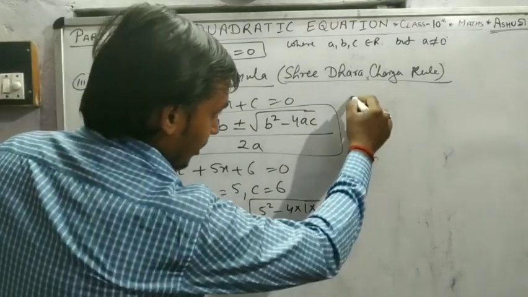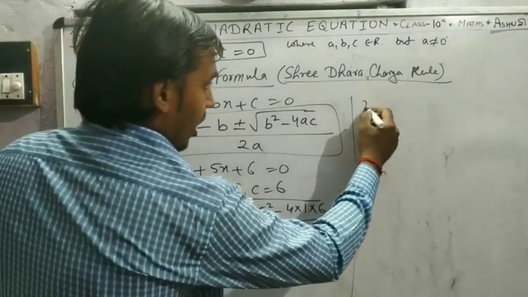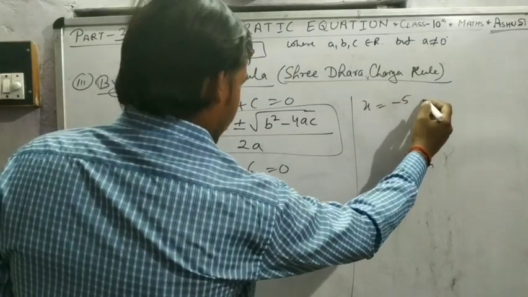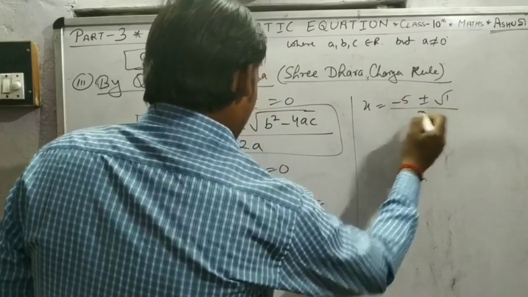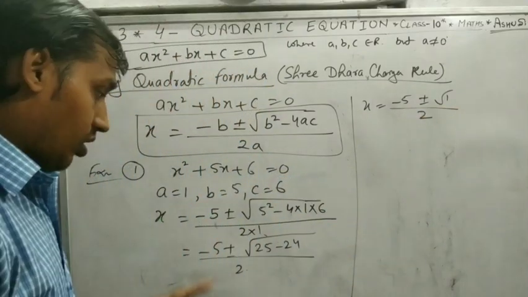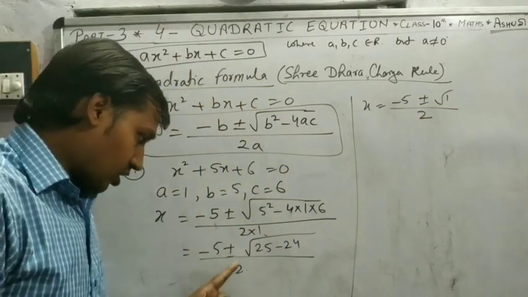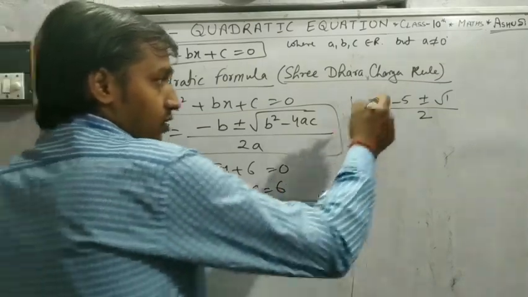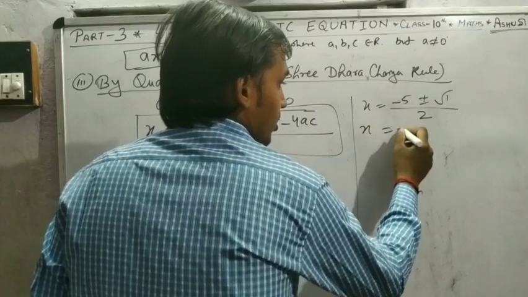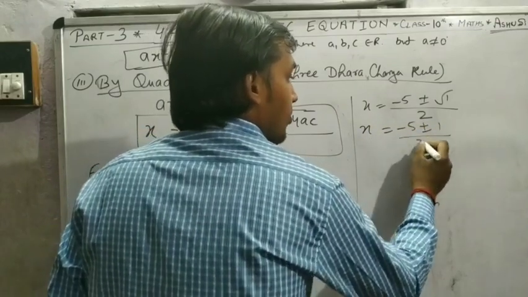Then what do we get? We get x is equal to minus 5 plus minus root 1 upon 2. Always concentrate here, that's both plus and minus. So when you solve, it's plus minus 1 upon 2.